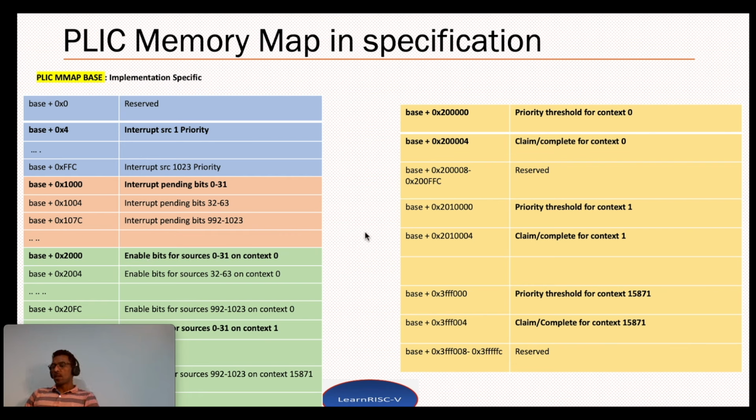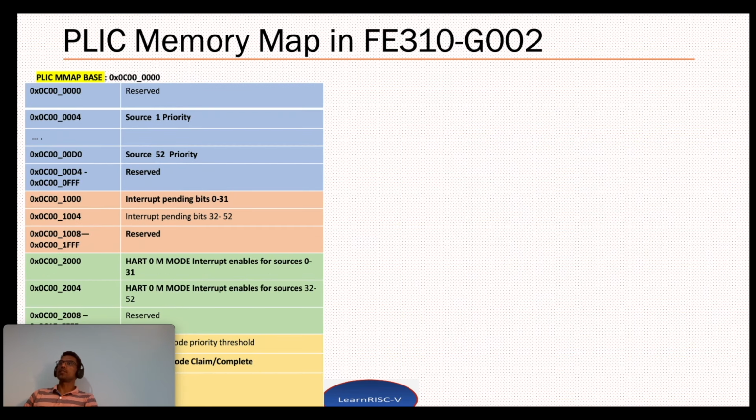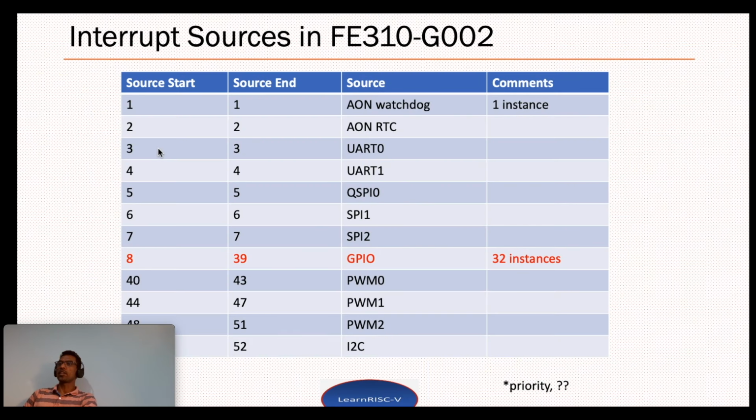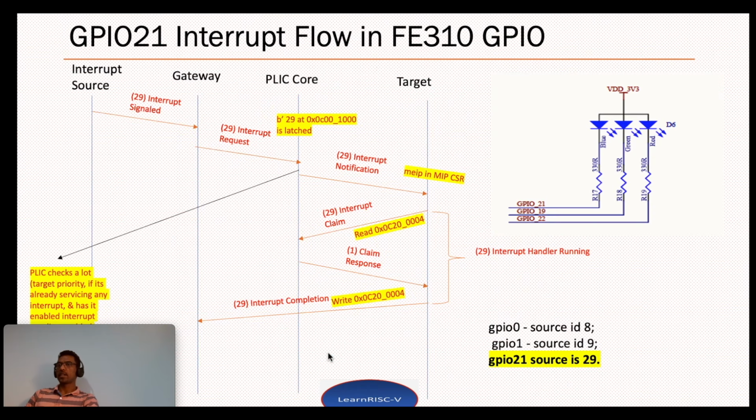Okay. Now, how this maps in FE310: in FE310, there are 32 interrupt sources. If you go back to this, sorry, not 32, 52. So there are 52 interrupt sources, and 52 corresponds to I2C.